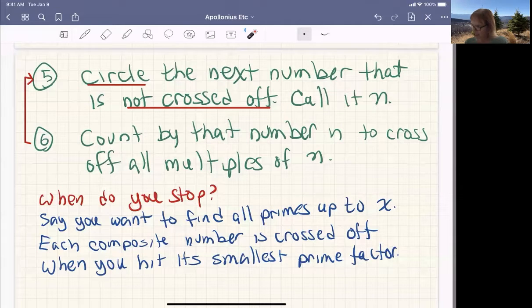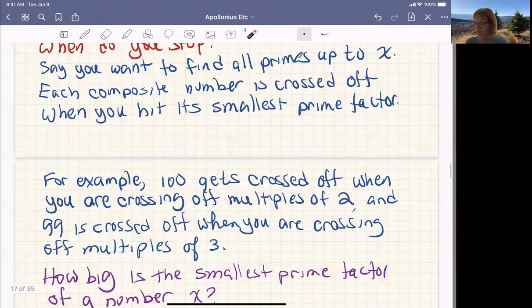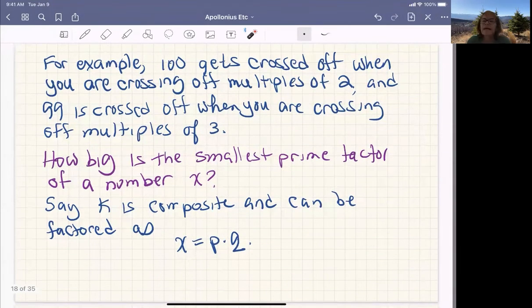So each composite number is crossed off when you hit its smallest prime factor. So for example, when do you cross off 100? Well, since 100 is a multiple of 2, when you're crossing off all the multiples of 2, you're going to cross off 100.